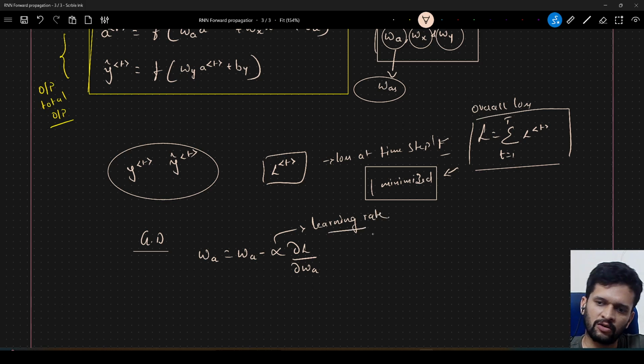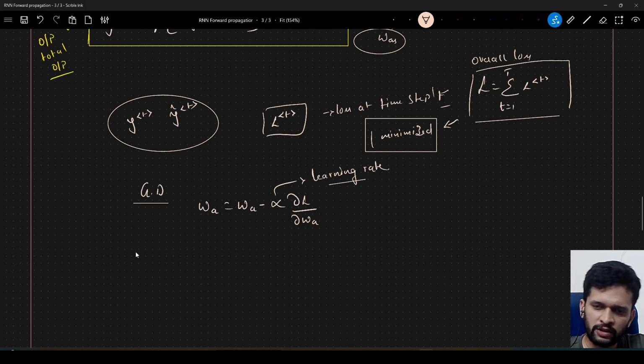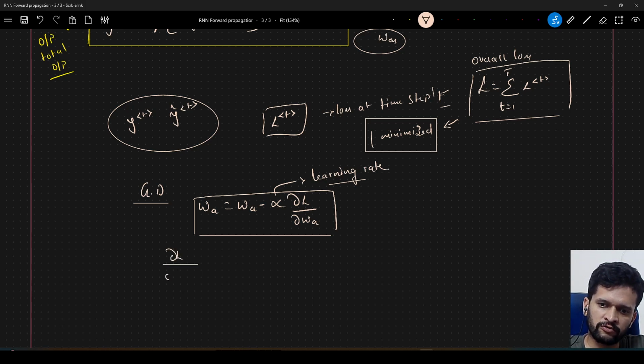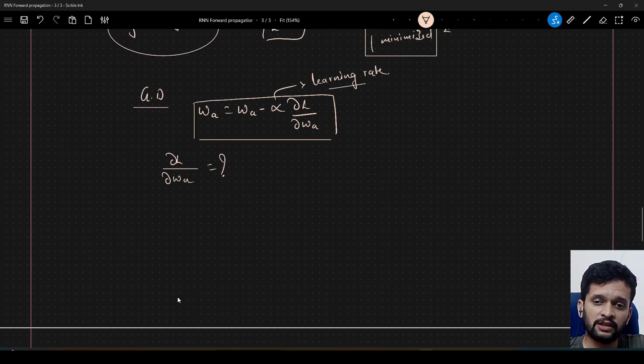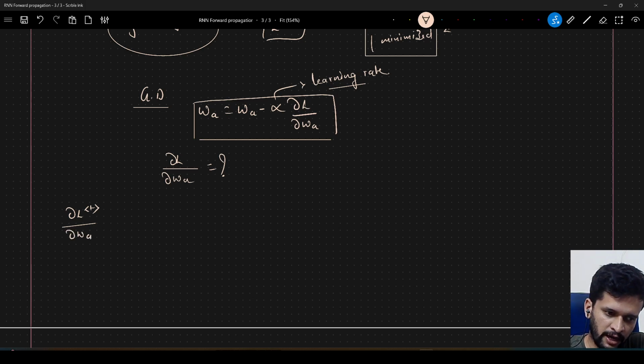Now that we have this equation, we need to know what this derivative of loss with respect to Wa is. This is the most important step in our backpropagation. At any time step t, the derivative of the loss at that time step t with respect to Wa can be written as the derivative of loss with respect to t.